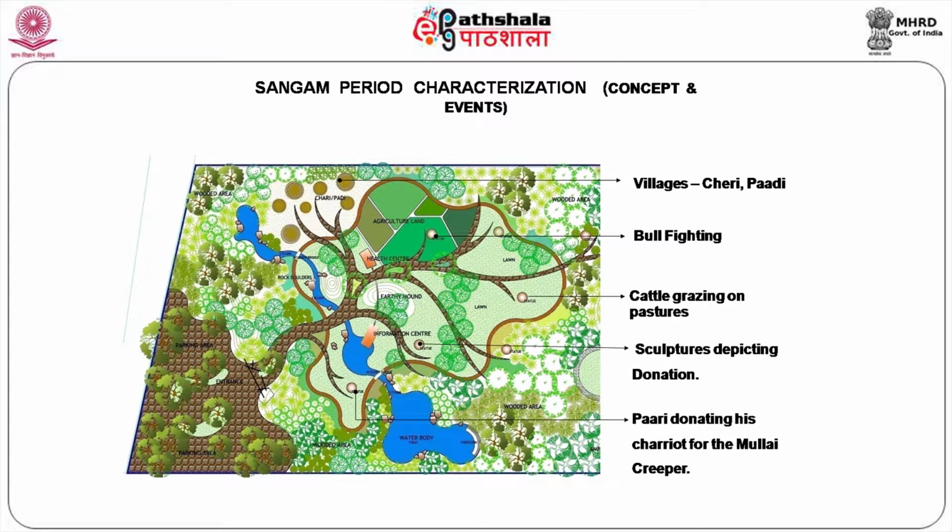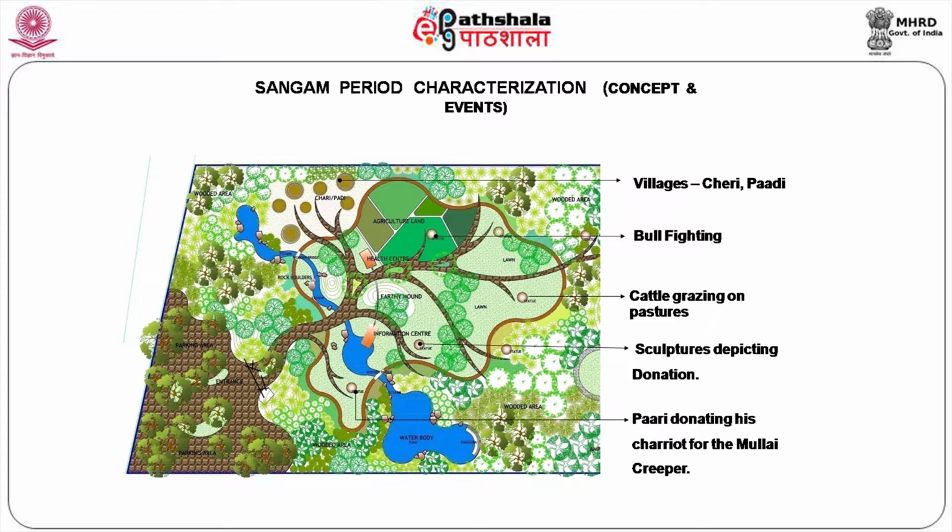So we are talking about a village, we are talking about bullfighting. Bullfighting normally happened in the agricultural field area when the agricultural activity is over, and after the harvesting people will be resting. That time they have what we call Veera Valayattugal. Those things happen in those areas.